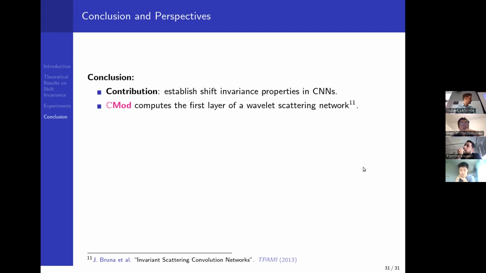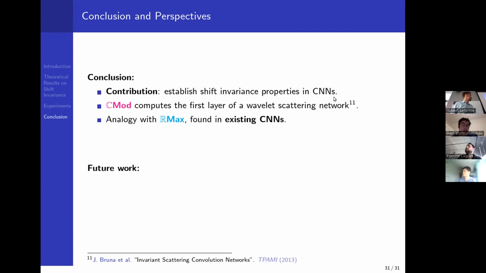This is very related to the work of Joan Bruna and Stéphane Mallat about wavelet scattering networks. However, in standard CNNs, this operator is not implemented. Instead, there is what we call an Rmax operator, which can be found in existing CNNs. But in this work, we have established an analogy between those two operators, and therefore we were able to establish some invariance properties for existing CNNs.